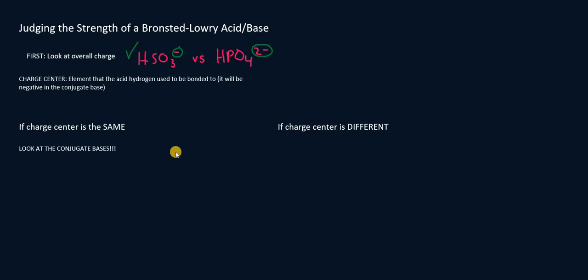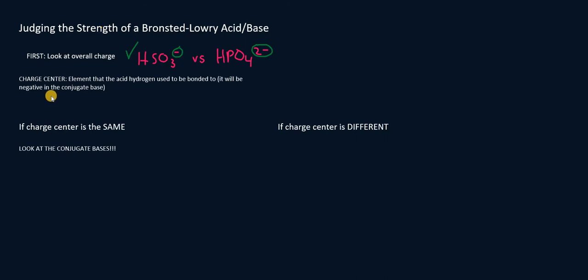So what if it isn't convenient to look at the charge? Say your charges are the same. And I will say, most of the time when you're dealing with these Bronsted-Lowry reactions, the charge will be the same. Sometimes you get lucky and the charges are different and it's pretty easy, but you're not always so lucky. So if the overall charge is the same, we have to look at this concept known as the charge center.